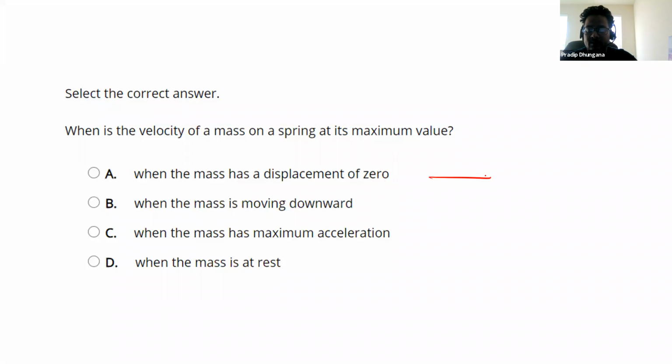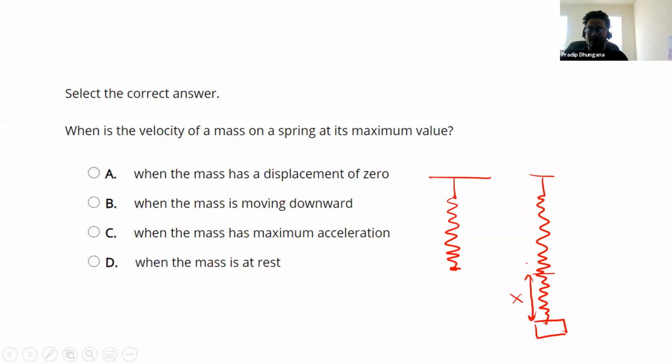So let us suppose we have a spring like that, and this is the equilibrium position. Okay, and then if we have a certain mass here, and let us suppose it is stretched all the way from here to here, that is x.